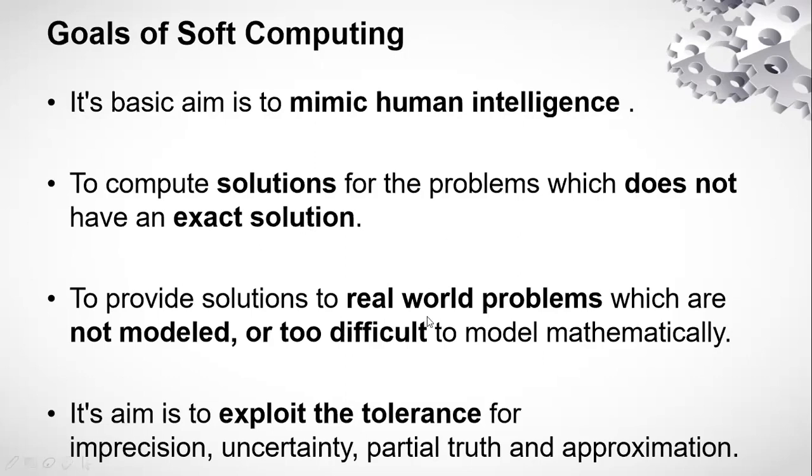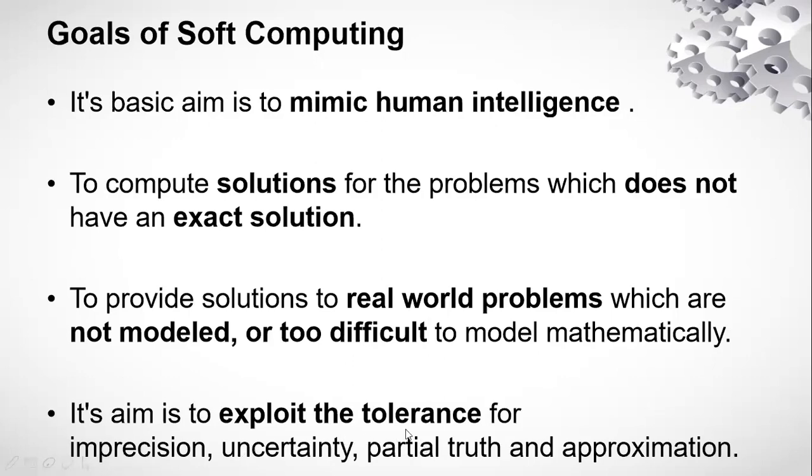The third goal is to provide solutions to real world problems which are not modeled or too difficult to model mathematically. If we follow a simple mathematical or statistical approach, that comes under the category of hard computing, where we have a definite, precise, exact input and the output is exact.